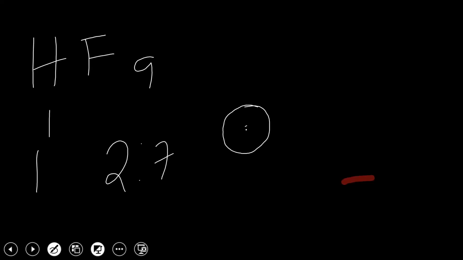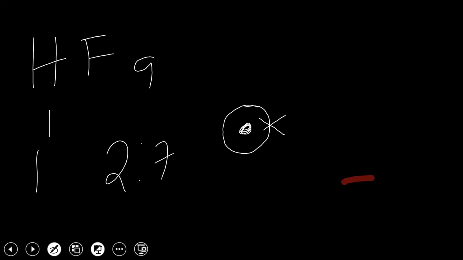This one has atomic number of 1. And this one has atomic number of 9. So the electron configuration of this one is going to be 1, then this one is going to be 2, 7. So when they are bonding, they come closer. This is hydrogen. If this is the nucleus of the hydrogen atom, it has 1 electron.